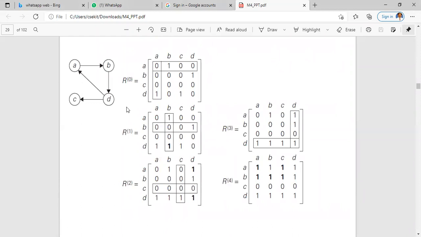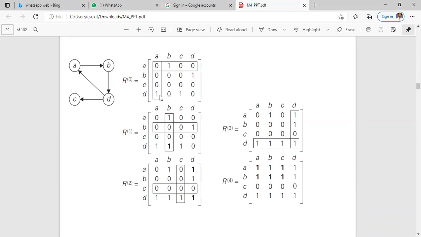So come for this particular thing. How is it going to work? We shall see. R of 0: first you write the paths. While writing the paths, there is a path from A to B, so mark it as 1. Apart from that there is no path. Come for B: B to D, there is a path.